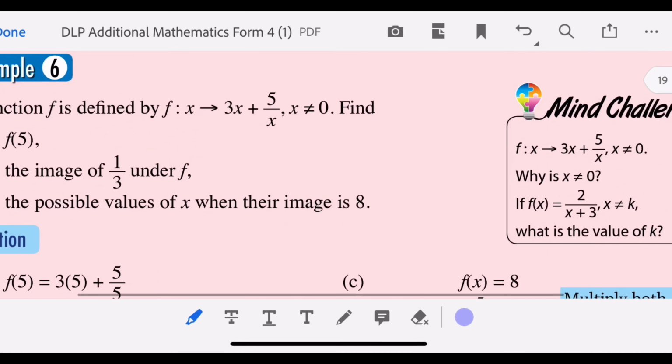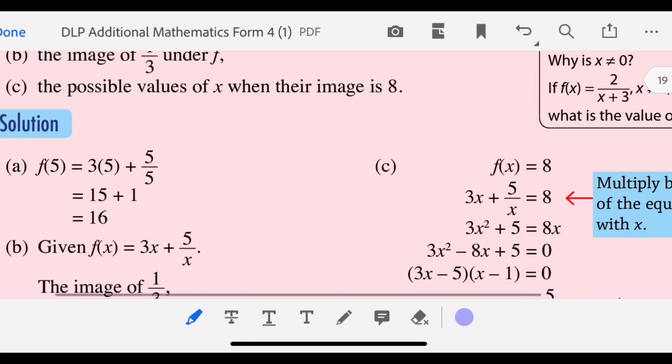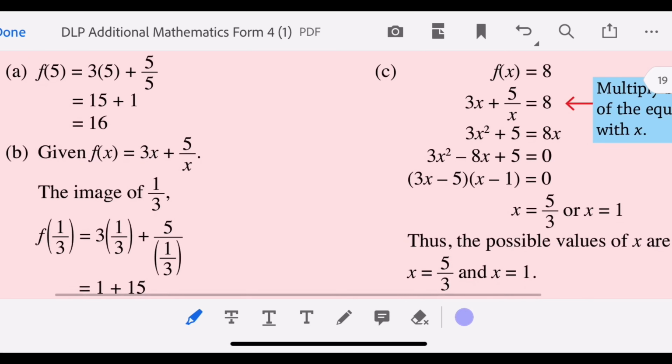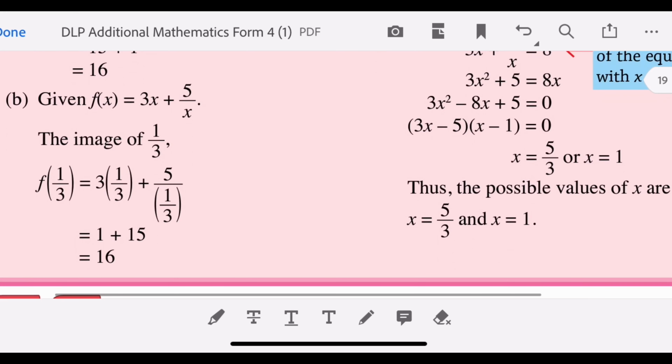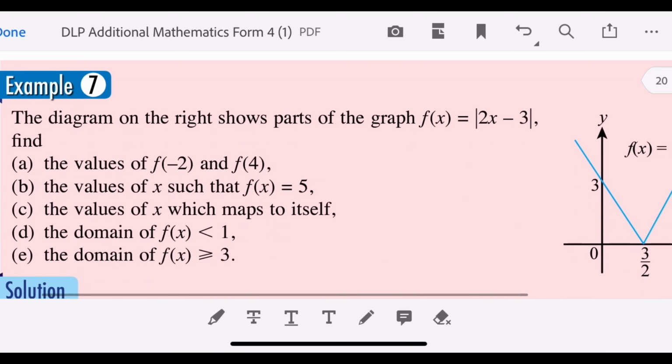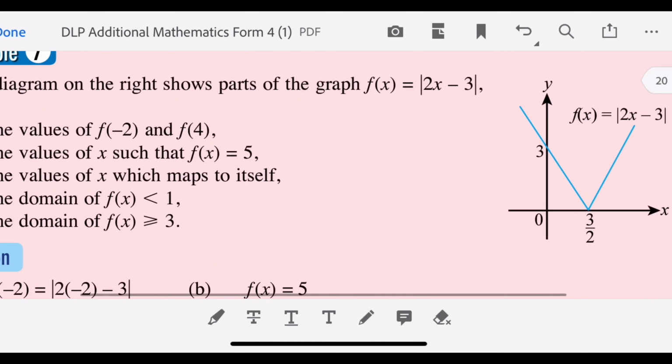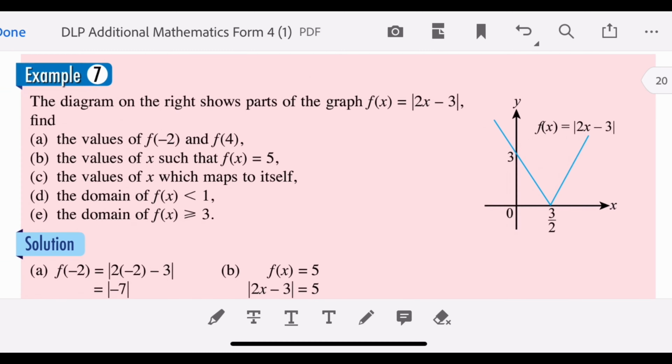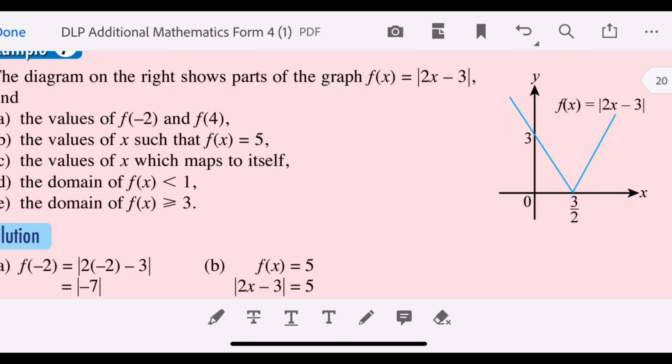I also upload examples, which I think are very useful for students who are now in Form 5. You can try to do all the exercises from the Form 4 textbook, because the questions are very interesting and very nice.